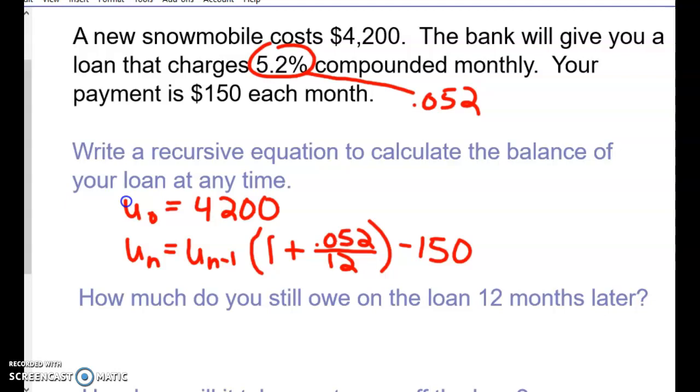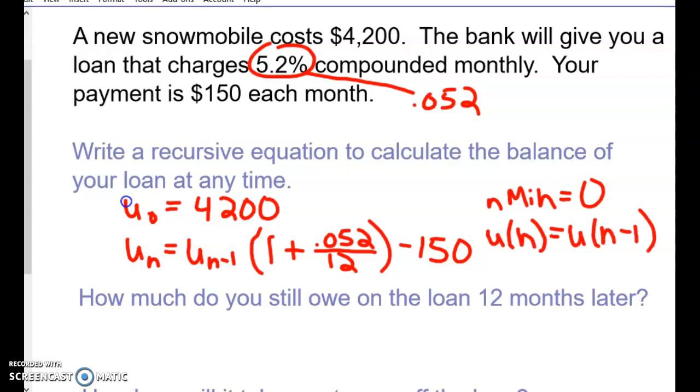This is how we're going to put it into the calculator. The nMin value is going to be 0. The u(n) is going to be u(n-1) times, and then we're going to enter 1 plus 0.052 divided by 12 in parentheses. And we're going to subtract 150 after the parentheses.